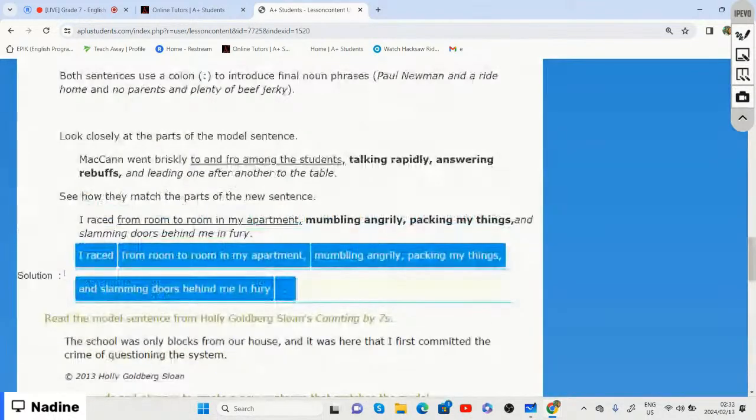And if we look at both of our sentences, it says McCann went briskly to and fro among the students, rapidly talking, answering rebuffs, and leading one after another to the table.